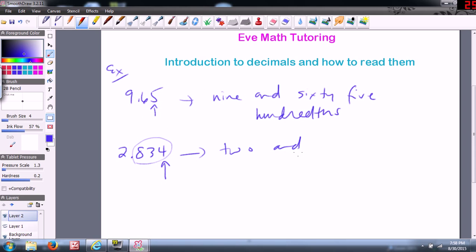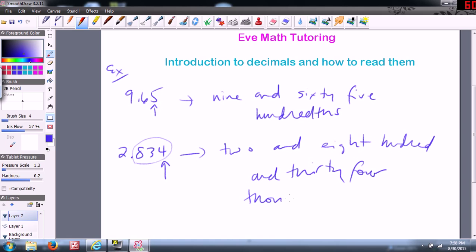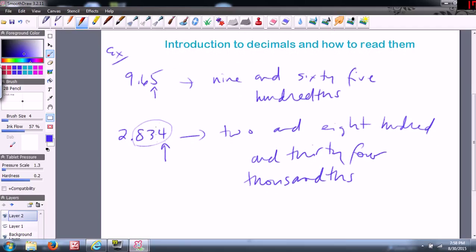So this is going to be 2 and 834 thousandths with a TH. Okay, so it would be 2 and 834 thousandths. So you're always looking at the final digit.